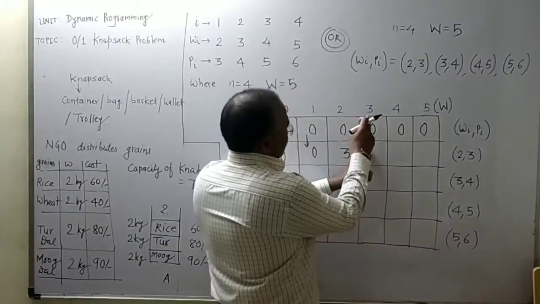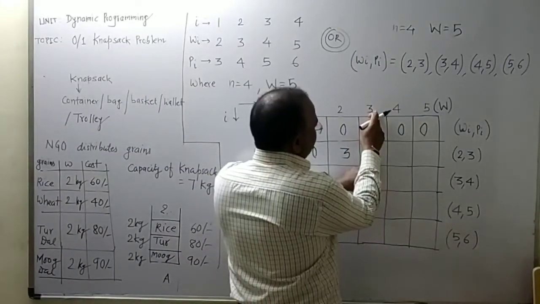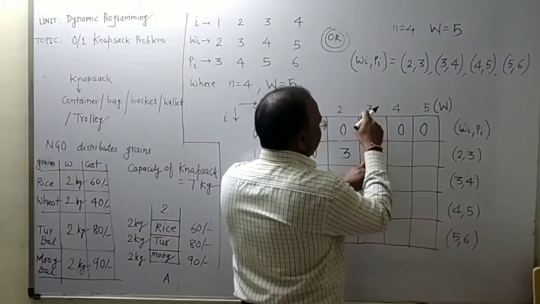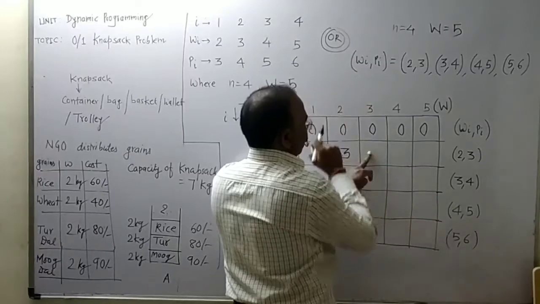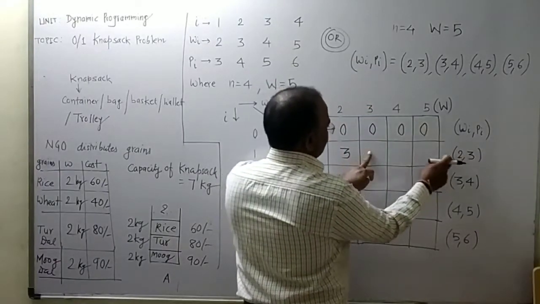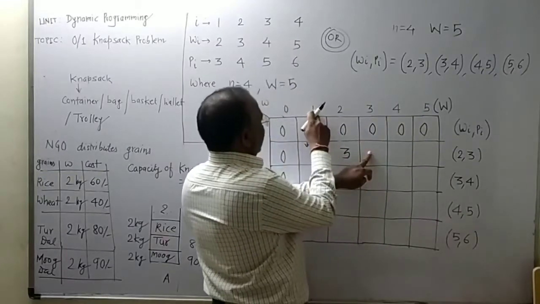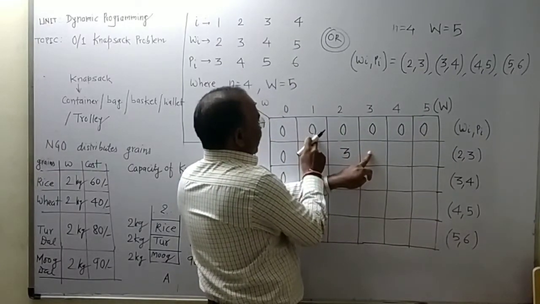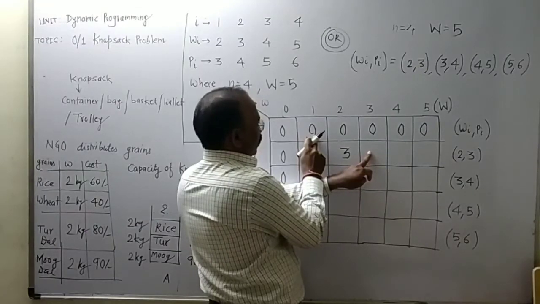Here this 3 is not less than 2, which means we have to find out the new column. How to find out the new column? 3 minus 2 is nothing but 1, and this will be the cell. Okay, here the value is 0.